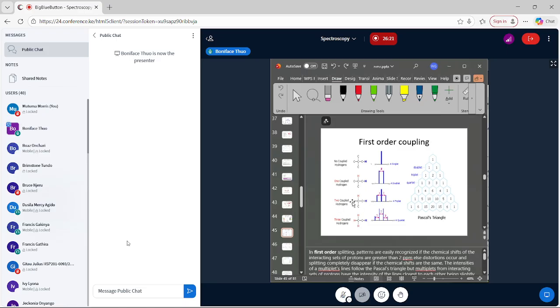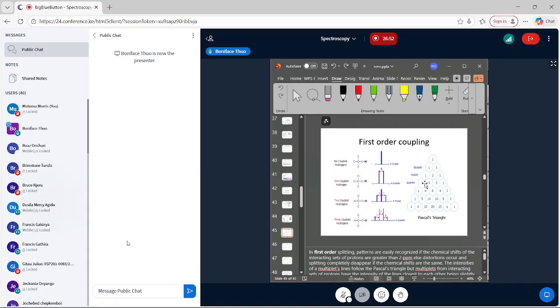If we have two hydrogens which are coupled to the hydrogen, then we get the splitting into three subpeaks in the ratios of 1:2:1. And then if you have three hydrogens, like when you have a methyl group, then the split is into four, and the ratios are 1:3:3:1.